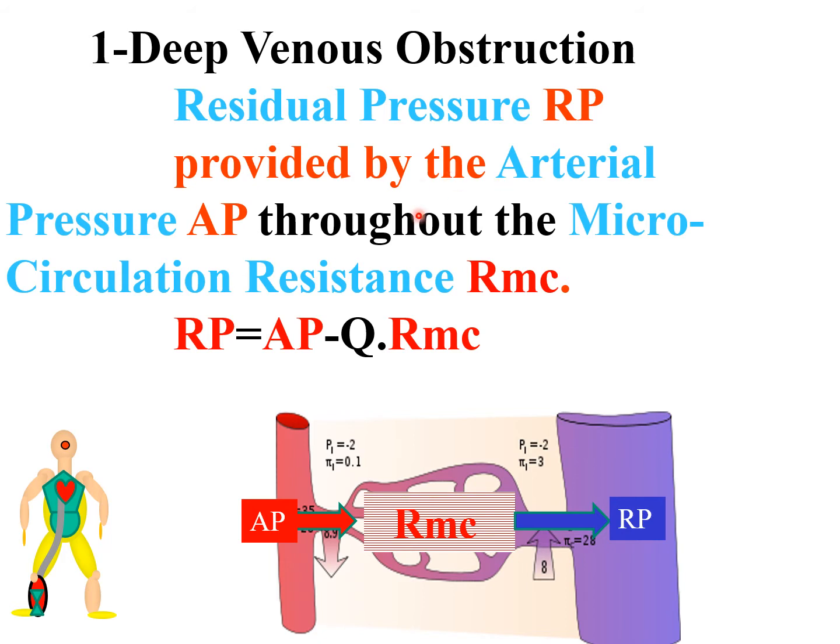The residual pressure is provided by the arterial pressure through the microcirculation. That is to say, this residual pressure is fed by the arterial pressure through the resistance of the microcirculation.